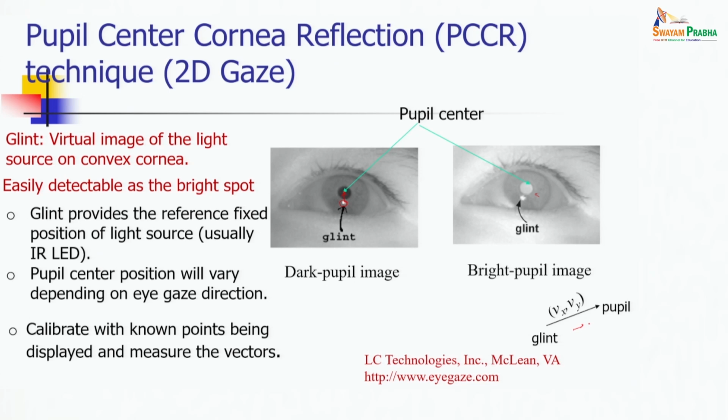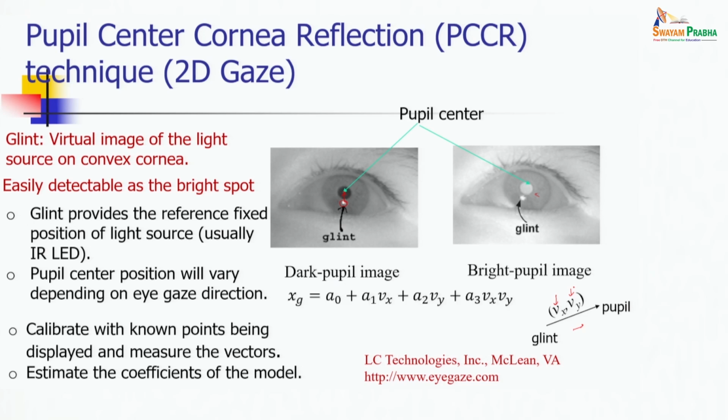We can calibrate this vector position. So these are the observations. The vector has two components, and these positions are a function of the respective gaze location in the image. There are different models people can use. One of the models I will show for estimating the coefficients is a quadratic model.